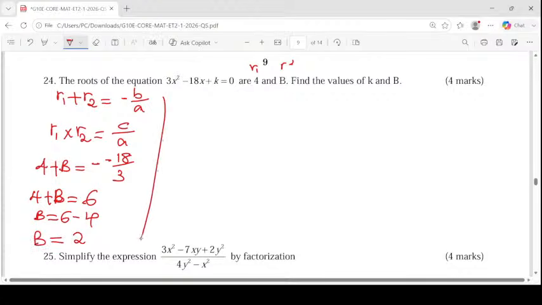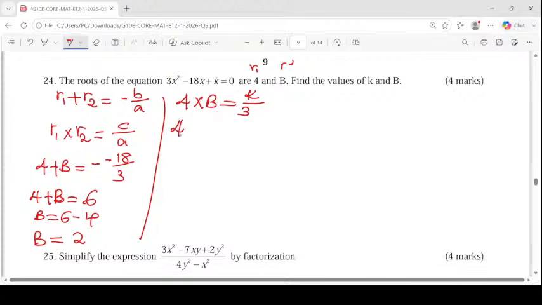Very simple. In the next context, we are going to apply the product rule. Root R1 times R2, 4 times b, to give me c over a, which is k over 3. But already we found the value of b as 2.